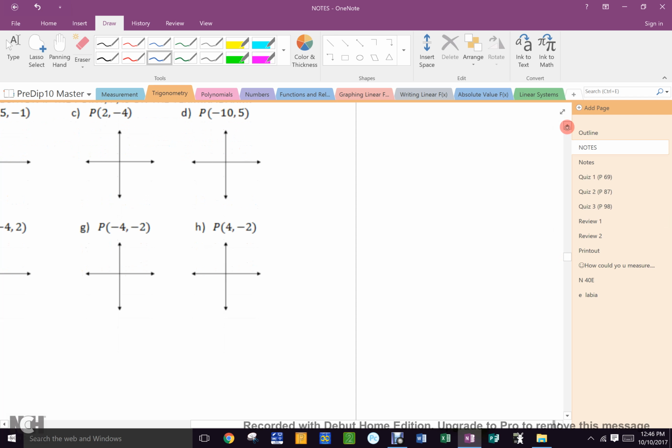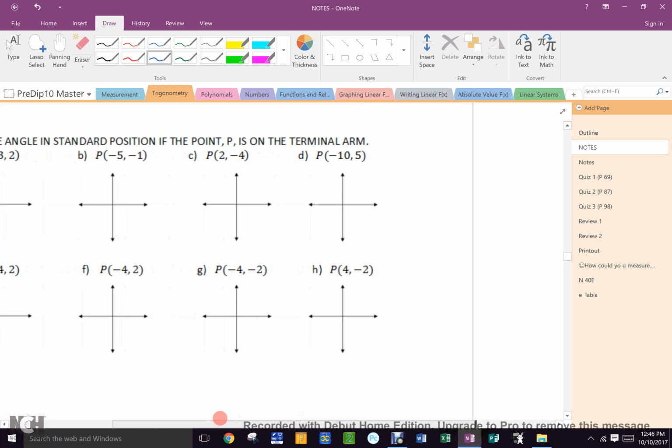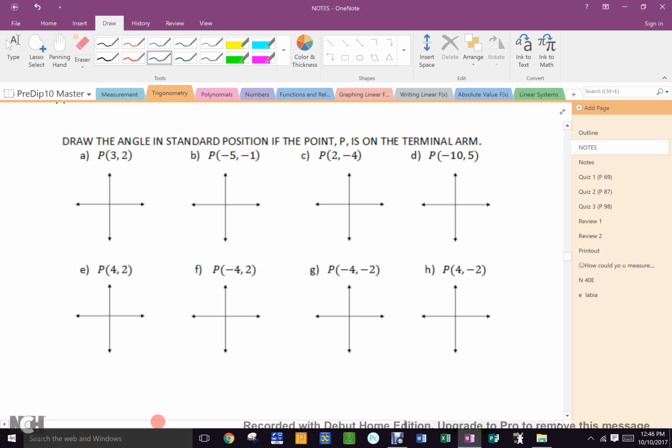All right. Now, we are going to combine what we already know about the quadrants and the coordinate plane.